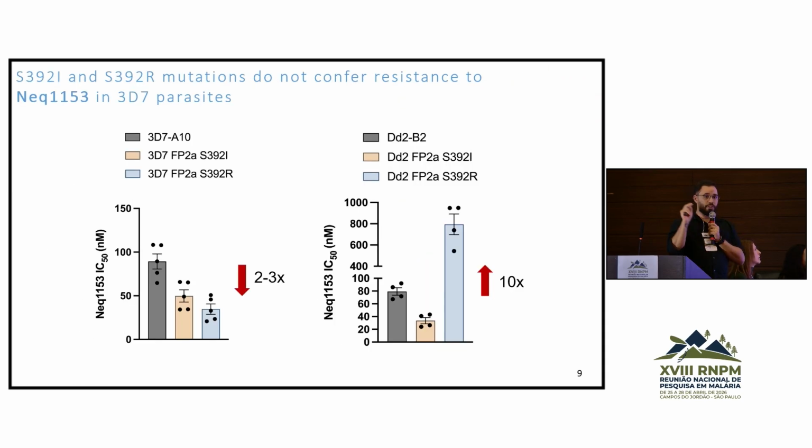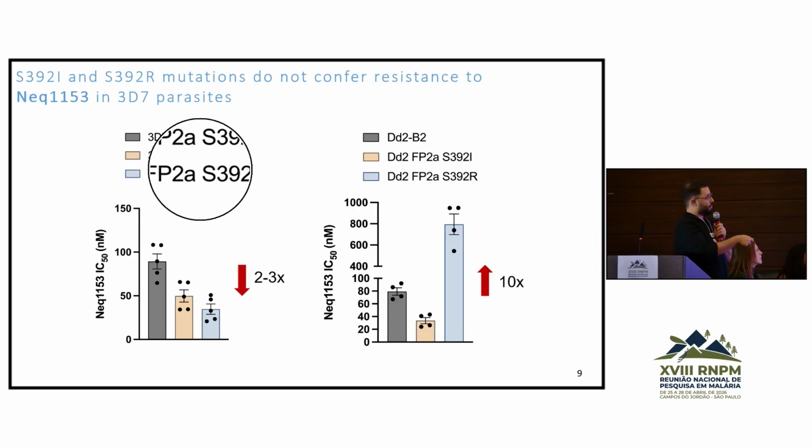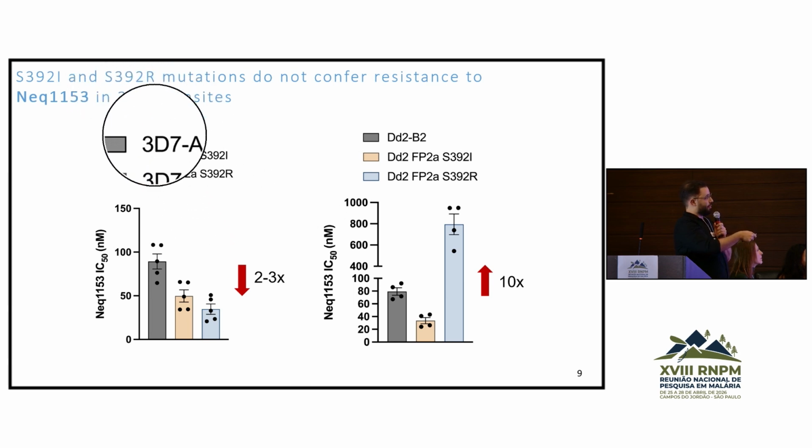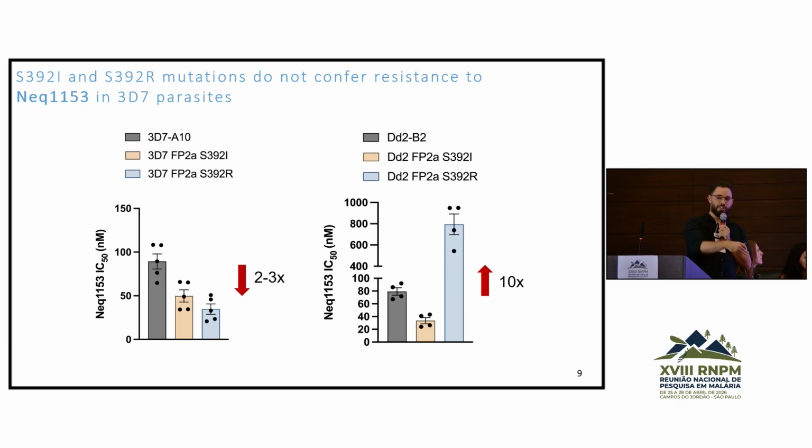Also, we took the 2 mutations that we got after resistance selections and tried gene editing using CRISPR-Cas9 in both backgrounds, 3D7 and DD2. Curiously, when we added both mutations in a 3D7 background, it conferred a sensitization. The compound became more efficient against the mutant parasites.